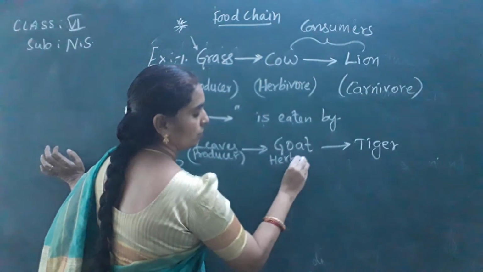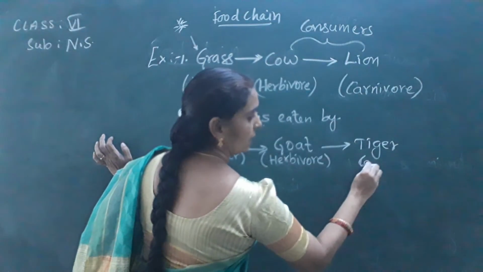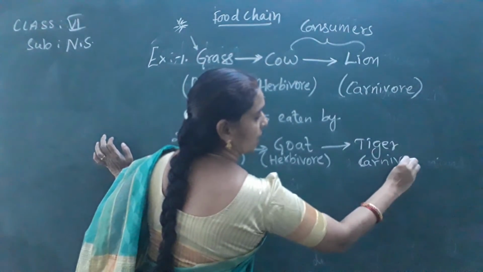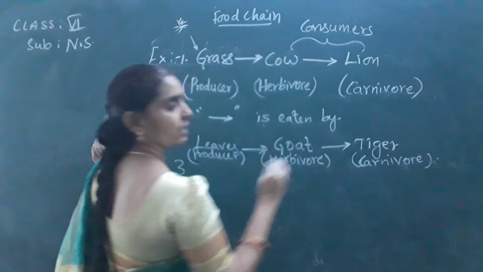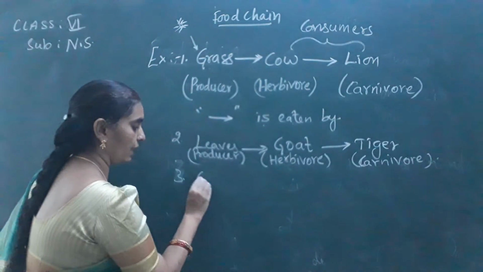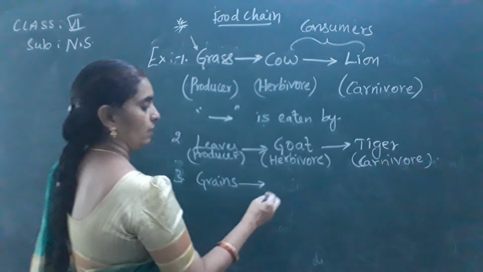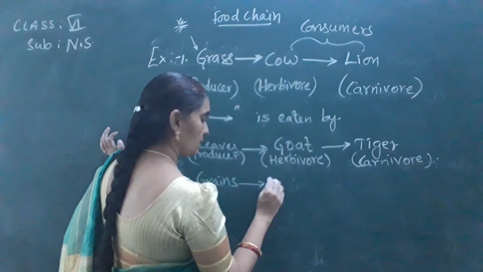Goat is a herbivore and tiger is a carnivore. It is a flesh-eating animal, so it is a carnivore. Another example you can write easily is grains. Grains are eaten by, if you take, insects.